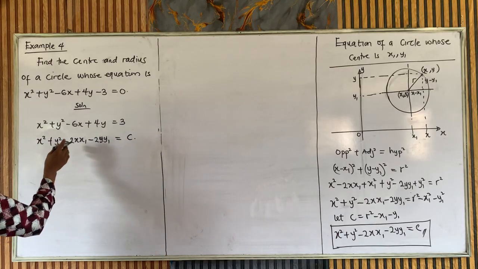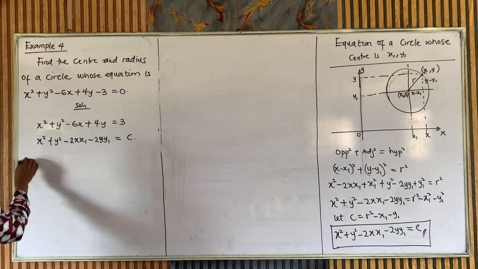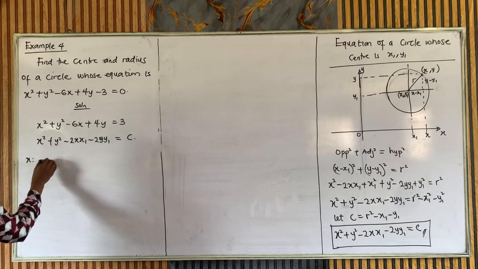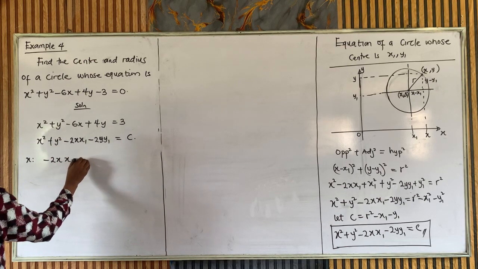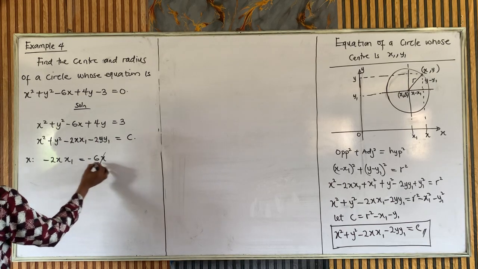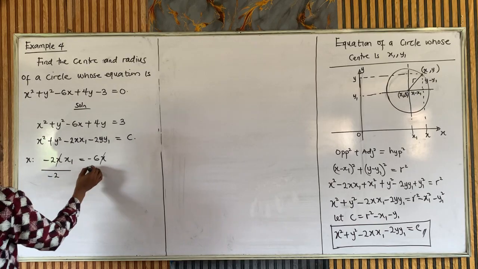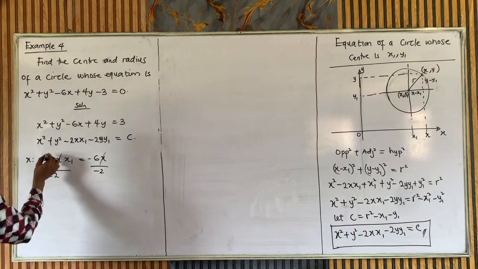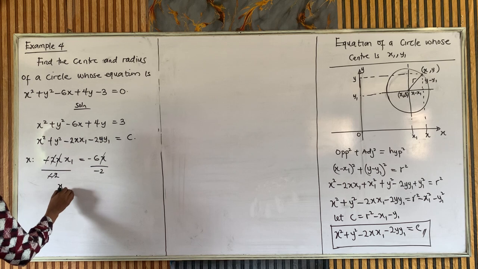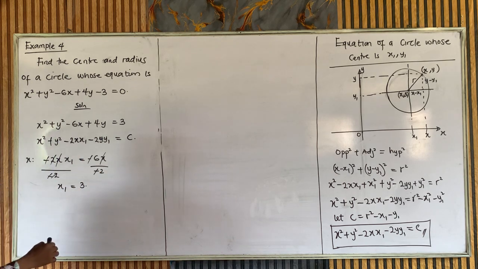From this, comparing the x terms alone, we have minus 2x x1 is equal to minus 6x. Dividing both sides by x eliminates the x, and dividing both sides by minus 2, the minus cancels minus and 2 cancels 2. You are left with x1 is equal to 6 over 2, that's 3.